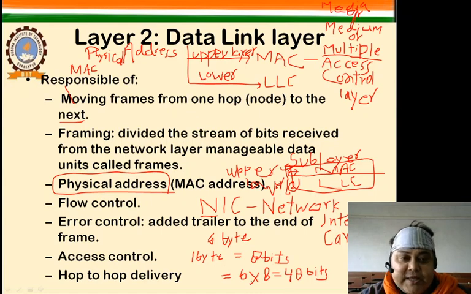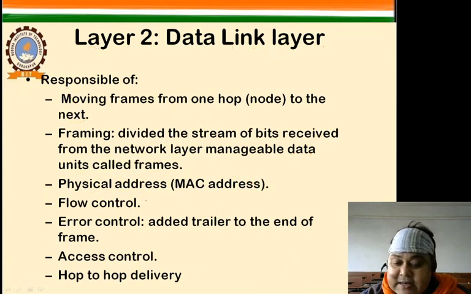So the question is, how can you see this NIC number? It is written like this in a hexa code, for example 47, and the next number is written after a colon.